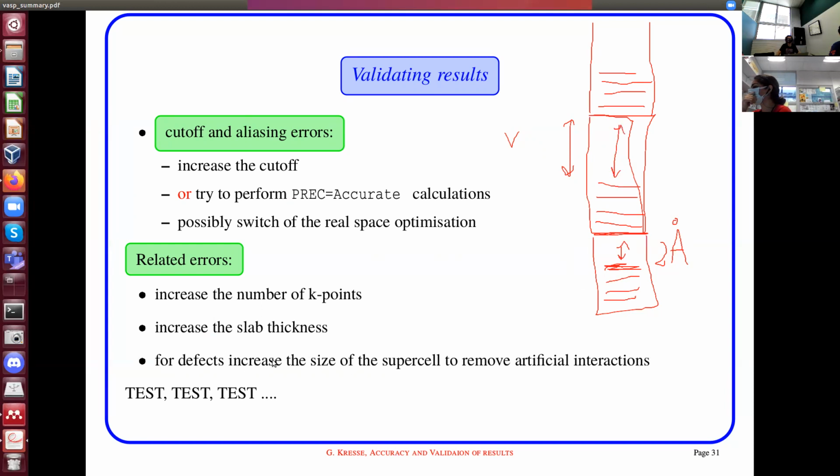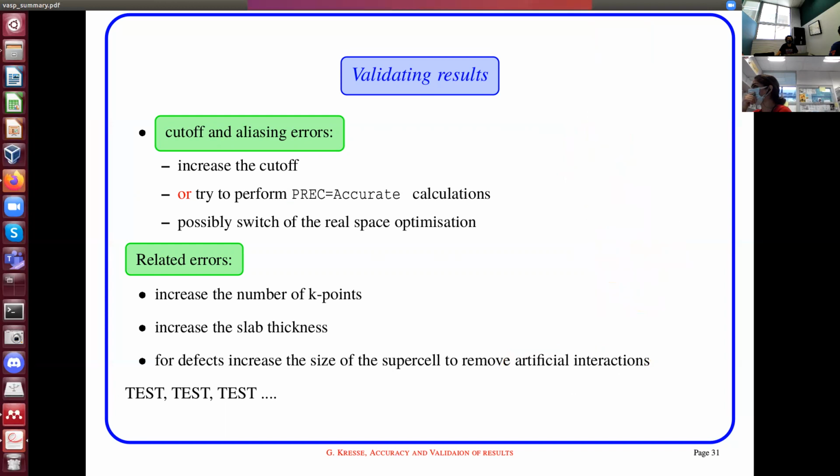And then for defects, increase the size of the supercell to remove artificial interaction. These artificial interactions are, for instance, the CO-CO repulsion that we just saw. When we mention increasing the size of the supercell, it means that now we are checking our slab in the top view. Let's say that every cross is a CO molecule.